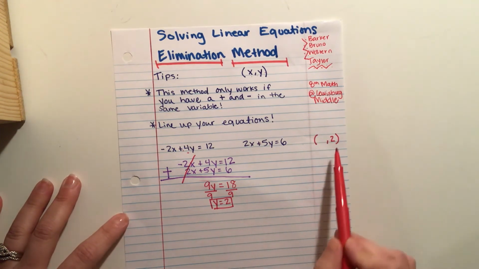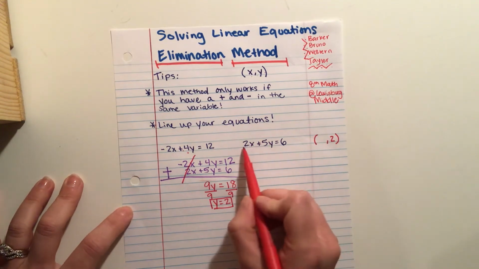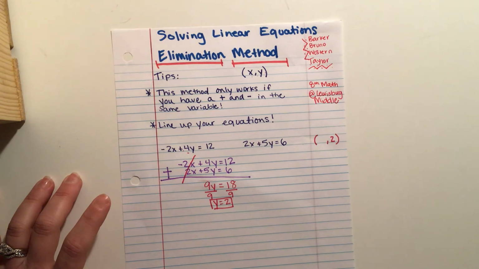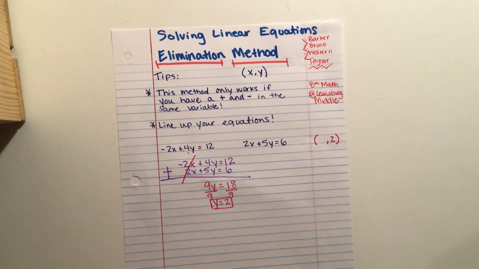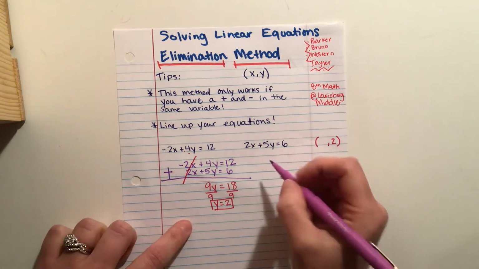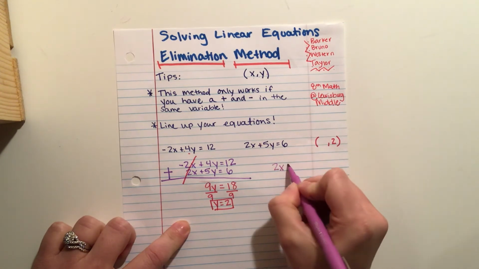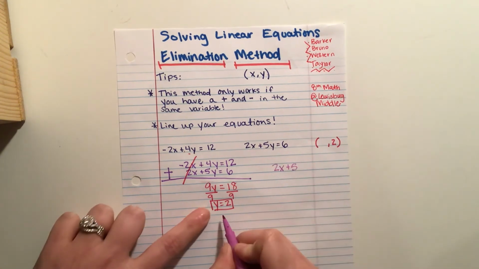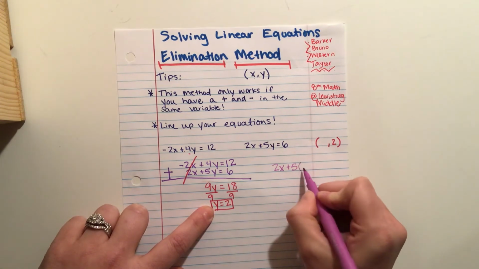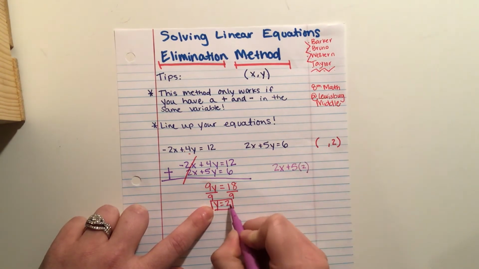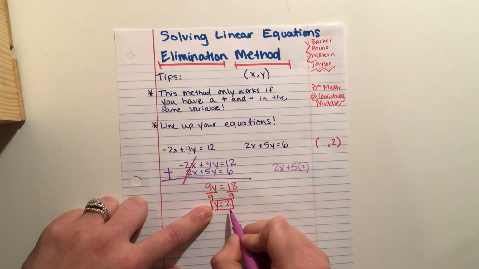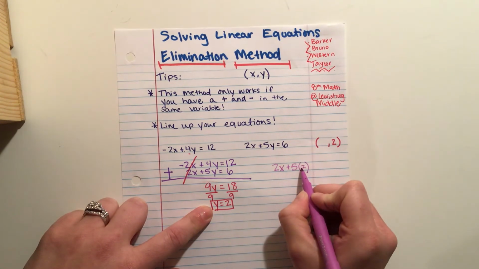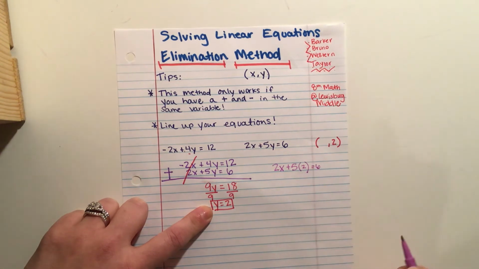So if y equals 2, let's go ahead and just take this one since it's on the right side and we have room over here. Let's rewrite this problem: 2x plus 5, but instead of saying 5y, I'm now going to say 5 times 2, because y equals 2. Because I know y equals 2, I'm allowed to substitute it in for y. And I'm going to write the rest of it, equals 6.